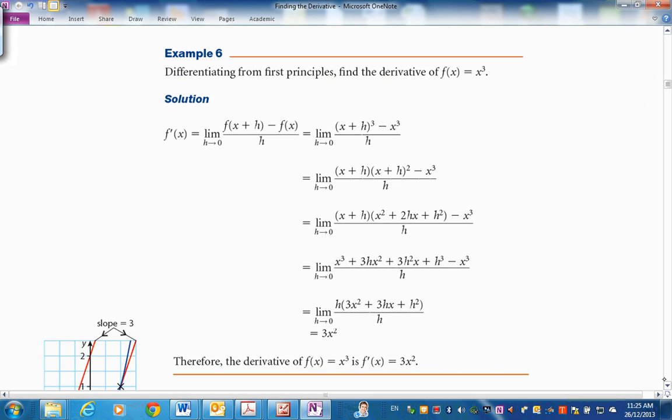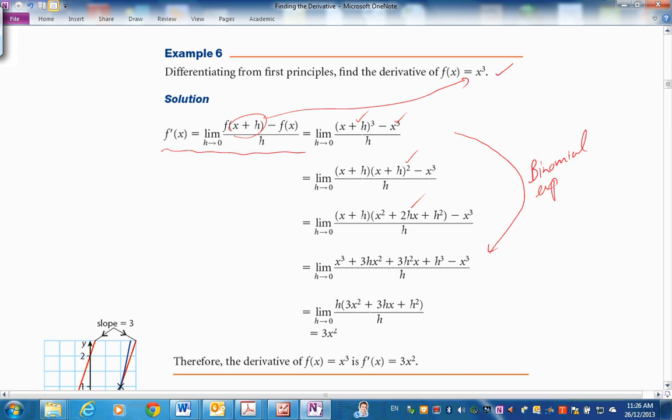Let's have a look here. Let's do another one. What about x cubed? Okay, we start with our definition, always, then put x plus h in our function. So it'll be x plus h cubed, take x cubed. Now we need to expand this. Now they've done it the very long way here, but you should be able to go from here to here with the binomial expansion.